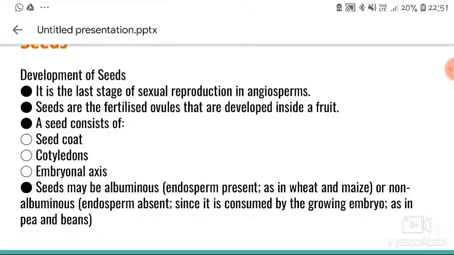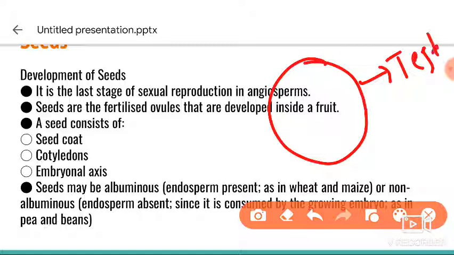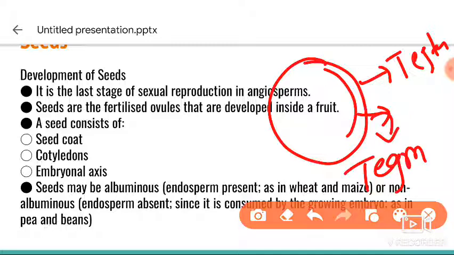If I draw the seed structure here, this is the seed, and the outer covering we call the testa, and the inner covering we call the tegmen.